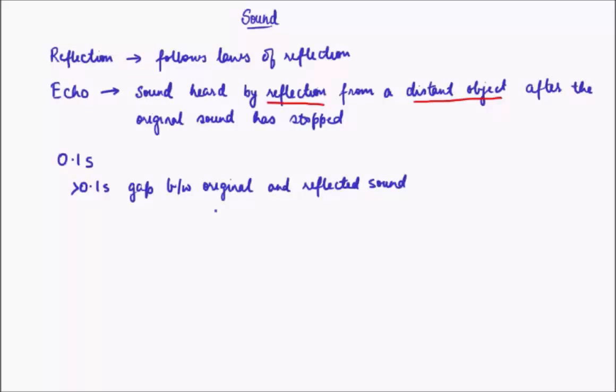Suppose here is a source and this is my surface on which reflection is taking place. Let this be the minimum distance, let me write dm, the minimum distance for the echo to be heard.